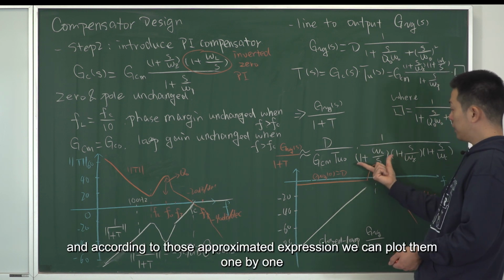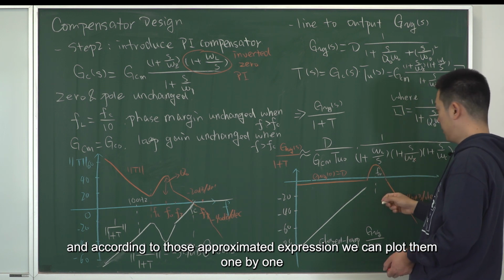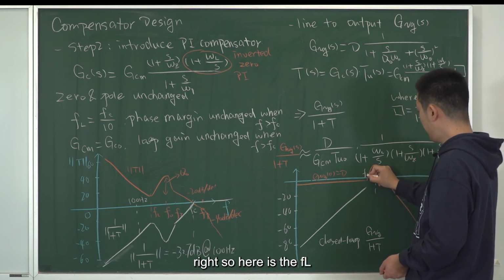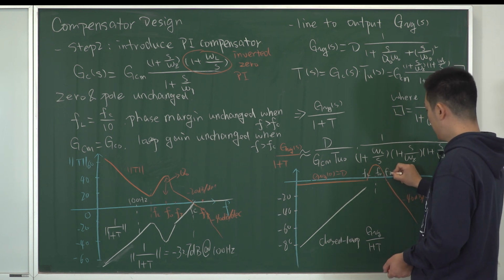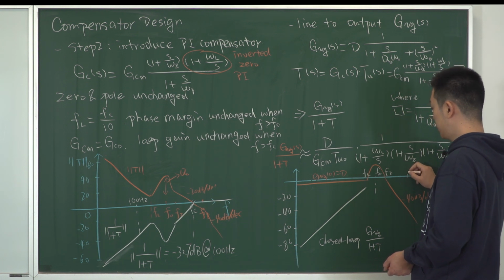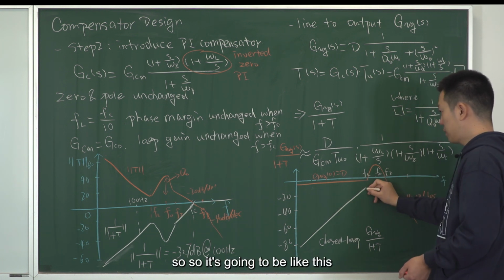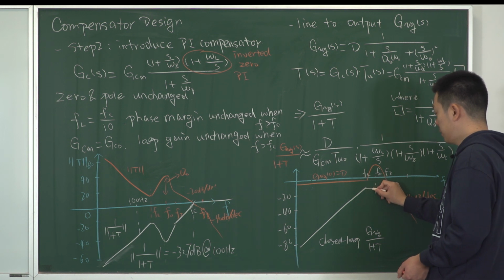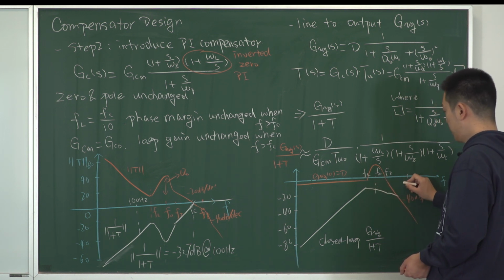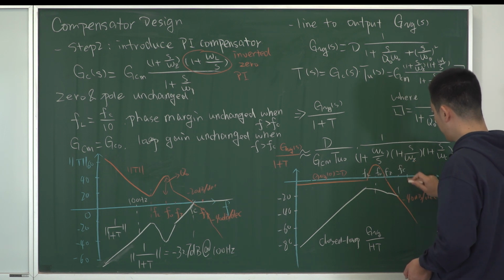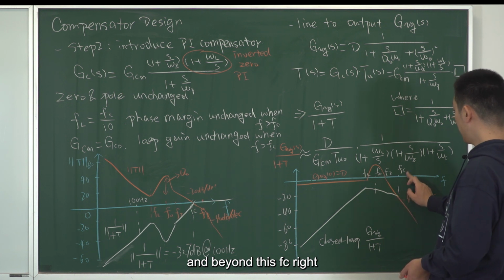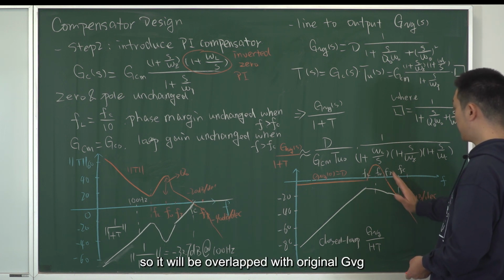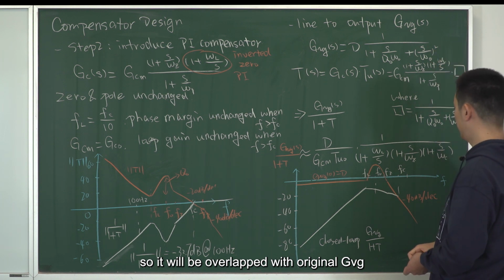And according to those approximated expressions, we can plot them one by one. So here is fL, and here is fz, and here is the high frequency pole. So it's going to be like this. So here is fc, okay. And beyond this fc, it will overlap with the original Gvg.